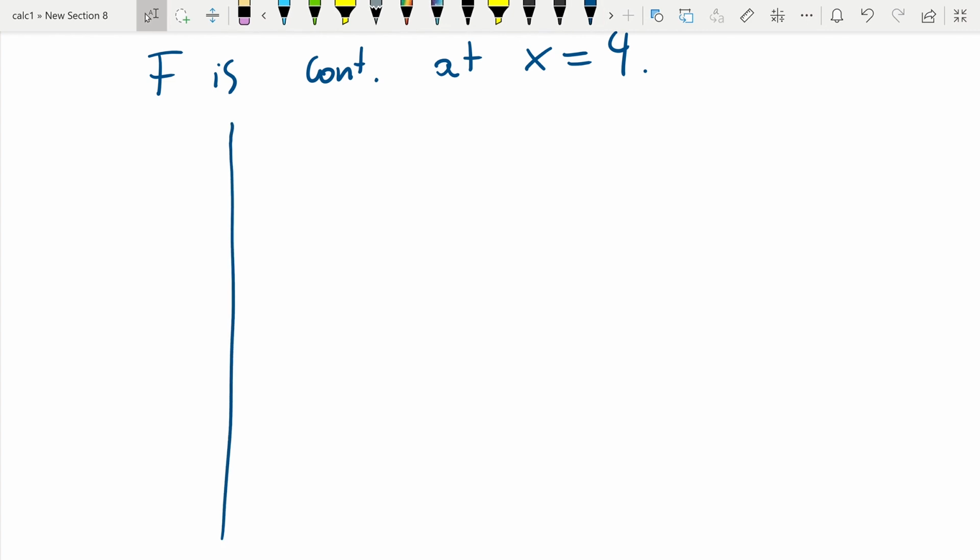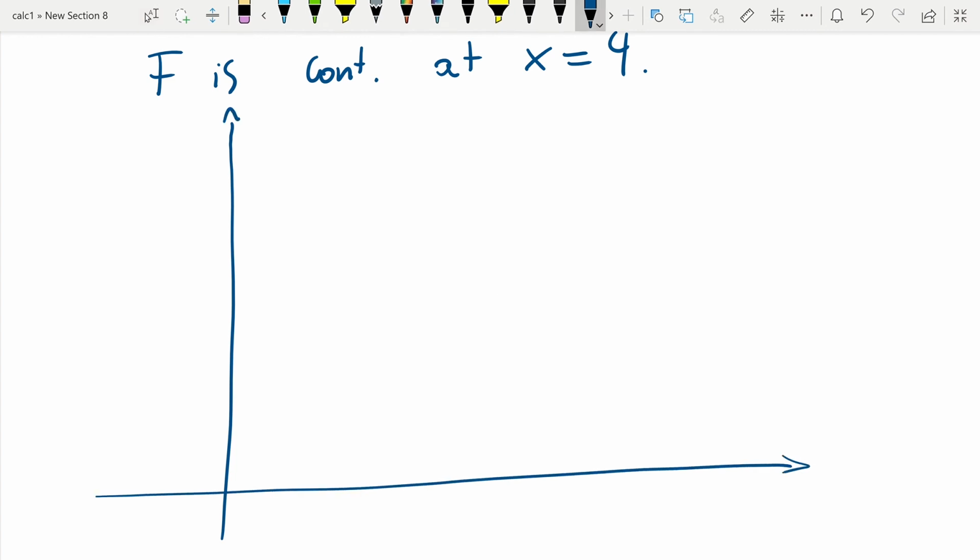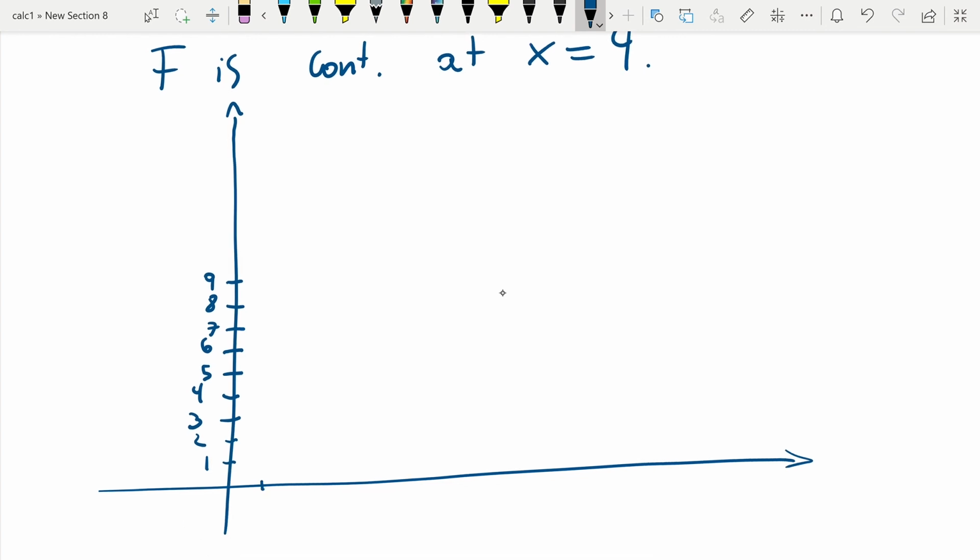Let's look at the graph of the function capital F to visualize it. We have the axes marked 1, 2, 3, 4, 5, 6, 7, 8, 9, etc.